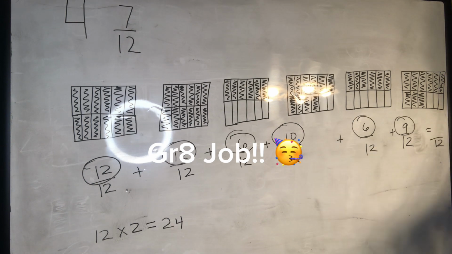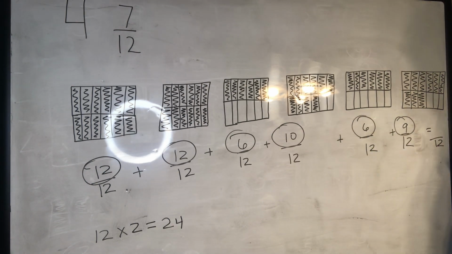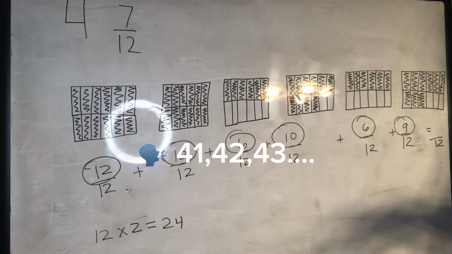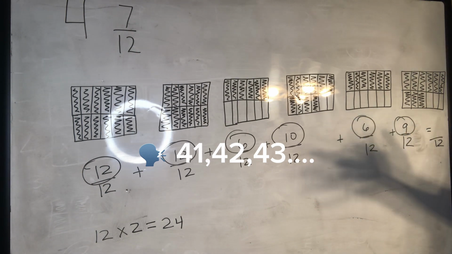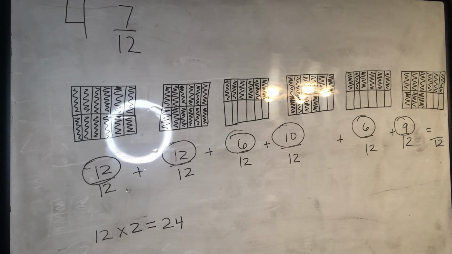So now that we're at 40, we're just going to add up 6 more times. So we're at 40. Let's count up 6 times. 41, 42, 43, 44, 45, 46. Now we're at 46, right? So, lastly, we just need to count from 46.